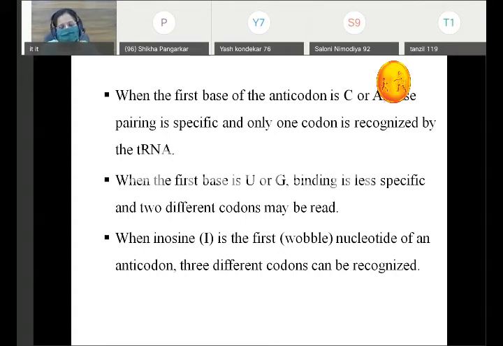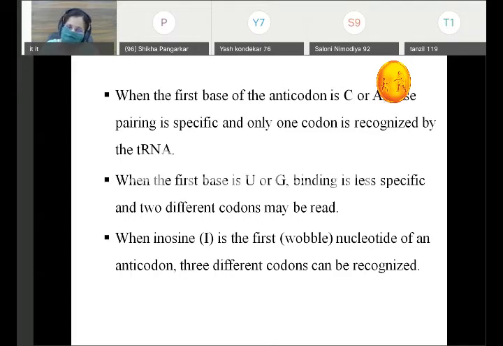If the first base on the anticodon is C or A, a single codon is recognized, representing a single amino acid. If it is U or G, two different codons can be read.